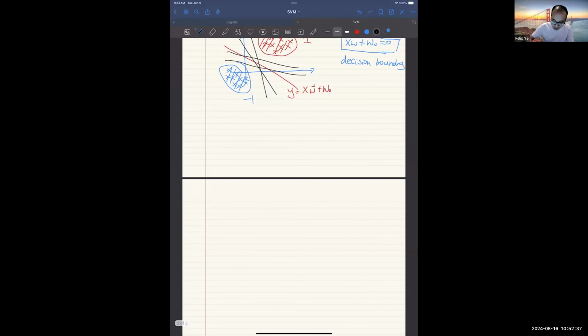If we have a point right here and a bunch of points right here, and I draw a line, in some sense this line is good because it gives the largest margin.